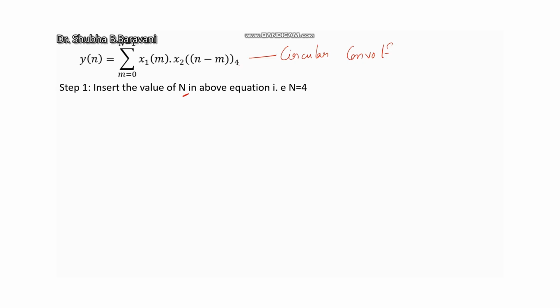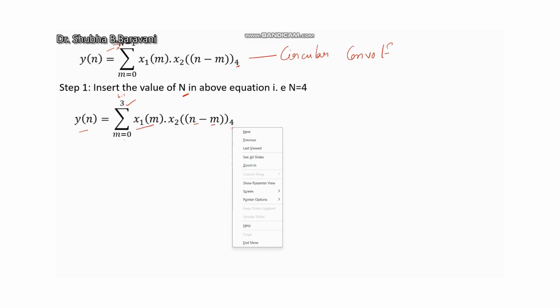I have already inserted it here. Now my work is to substitute N as 4. When I do this, I get y of n equals summation m equals 0 to N minus 1, that is 4 minus 1 is 3, x1 of m into x2 of n minus m to base 4.